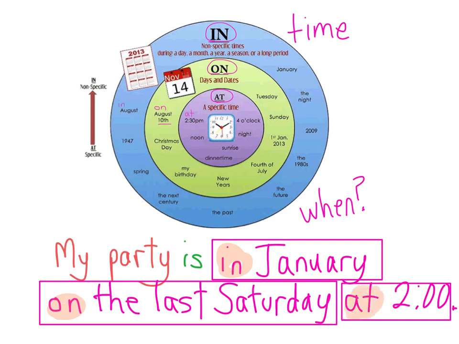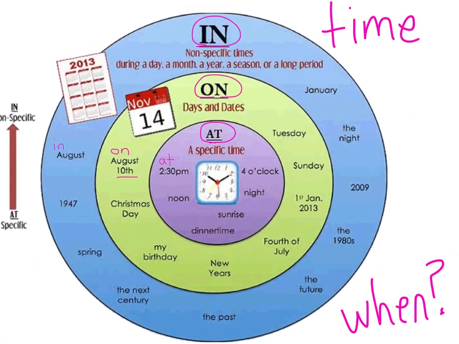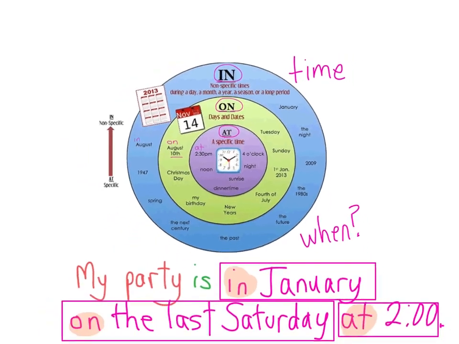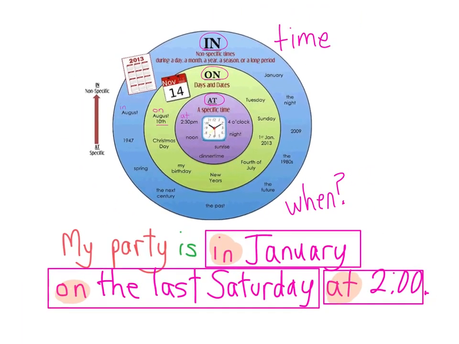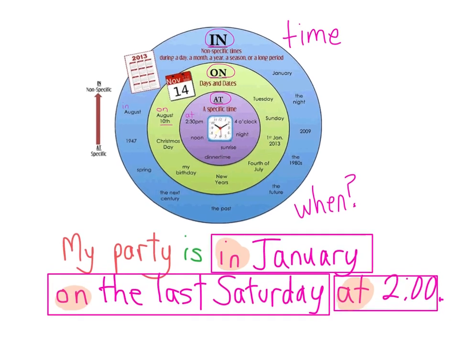I was going to talk today about how we can tell whether or not we should use in, on, or at, but I think that prepositions are going to take more than one lesson. So I will do that in tomorrow's lesson. But I want you to see that prepositions can be used to answer the question where or when.